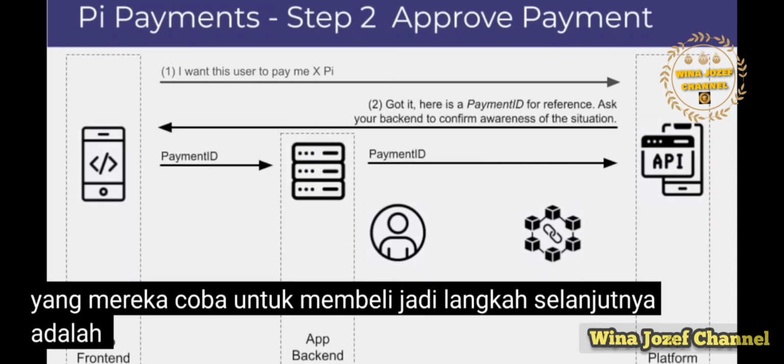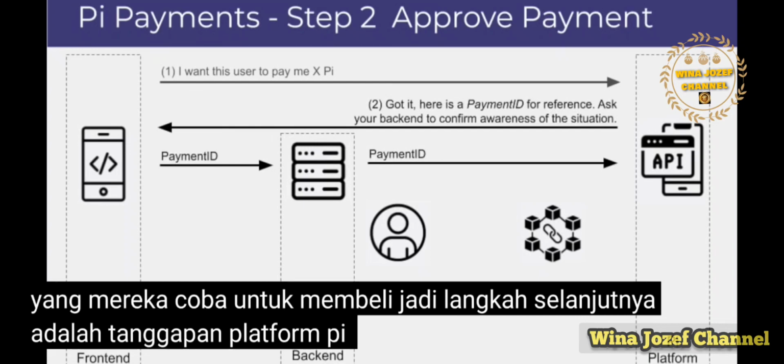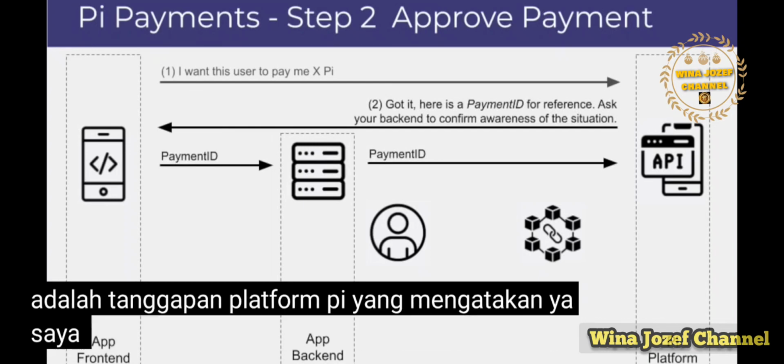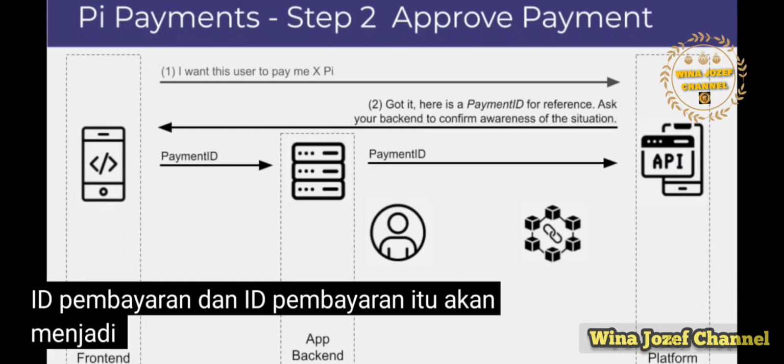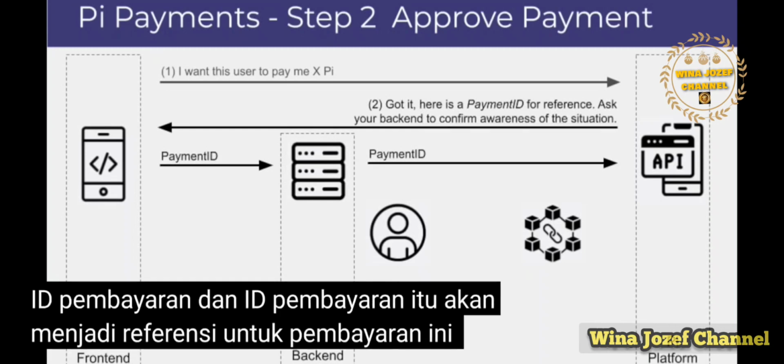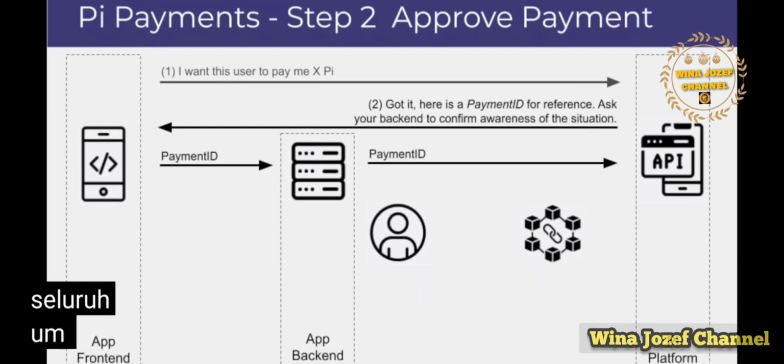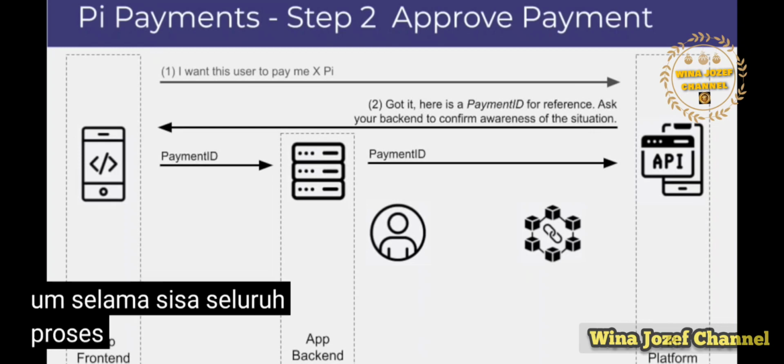So next step is the Pi platform responds saying, yep, I'm aware of what's going on. Here's a payment ID, and that payment ID will be the reference to this payment for the rest of the entire process.